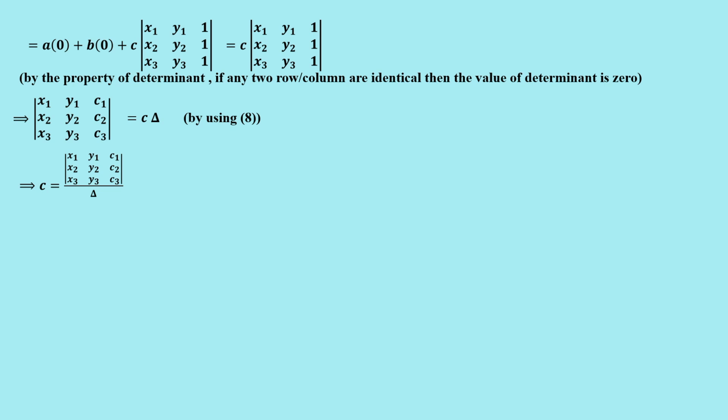Therefore, c is equal to the determinant x1, x2, x3, y1, y2, y3, c1, c2, c3 by delta. This is equation number 11.